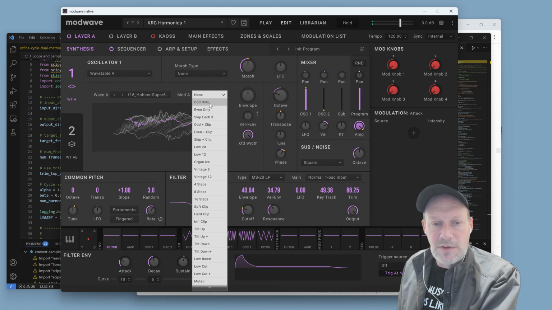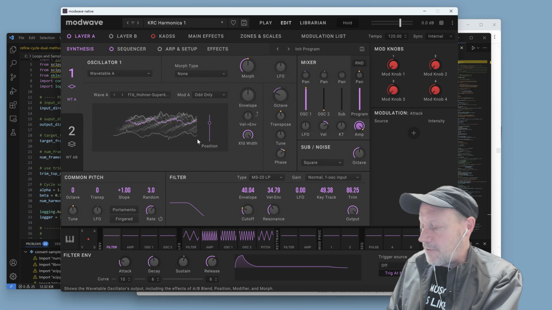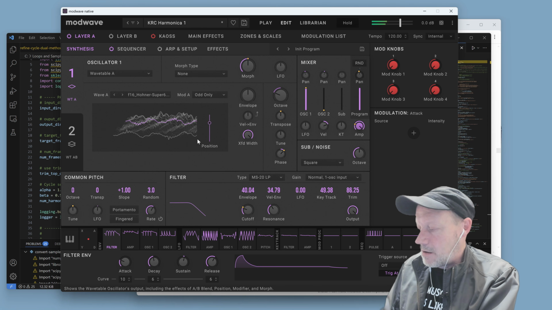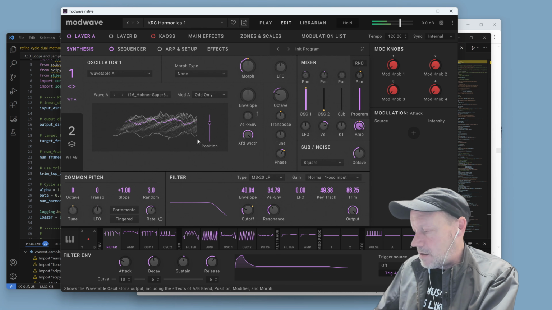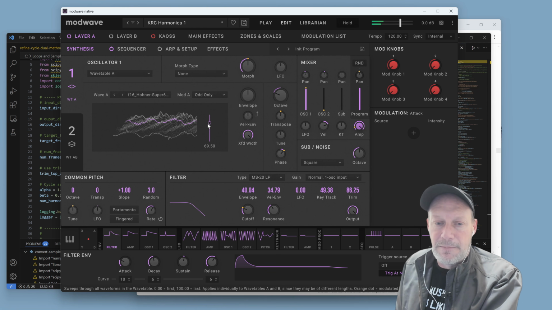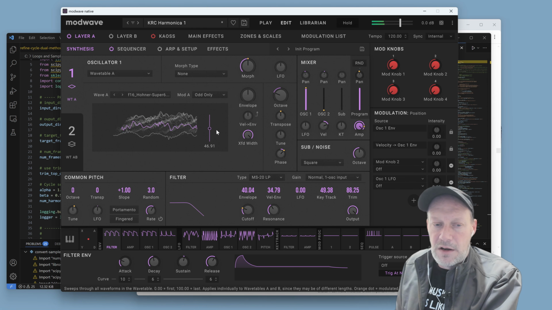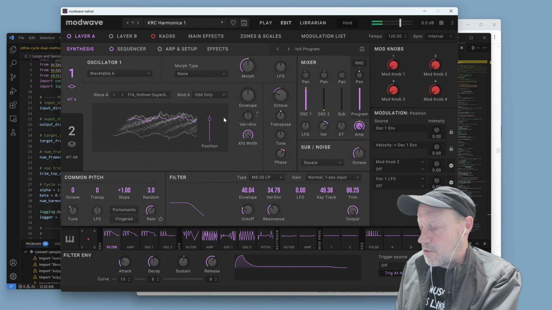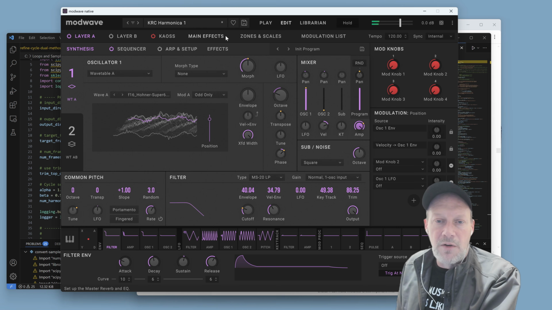So we could even accentuate that. We could use Modwave's odd-only wavetable modifier. Very interesting, unique synth. More nasal up here. Alrighty.